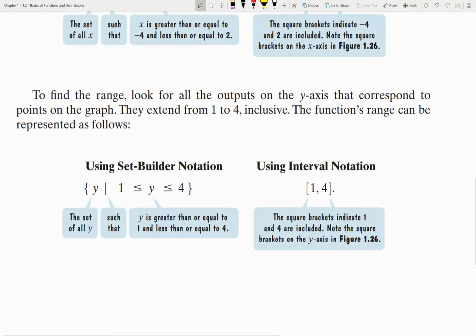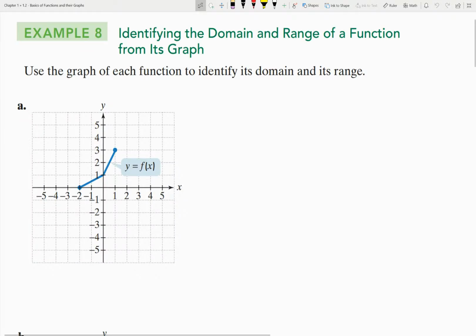So let's look at some graphs and let's pick out the domain and range. We'll do both interval and set builder notation for these. So the first one, the domain, is the x values. If I'm going to use set builder notation, it's x such that, well, where does it start? Where does it stop? -2 is less than or equal to x, less than or equal to 1.